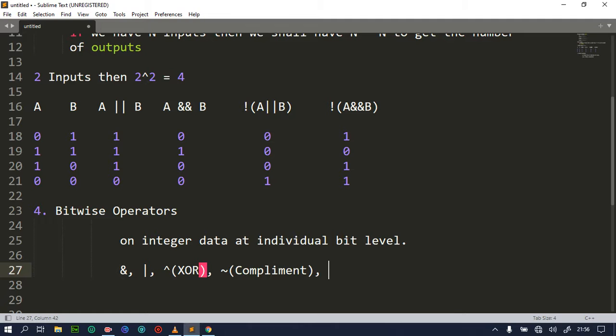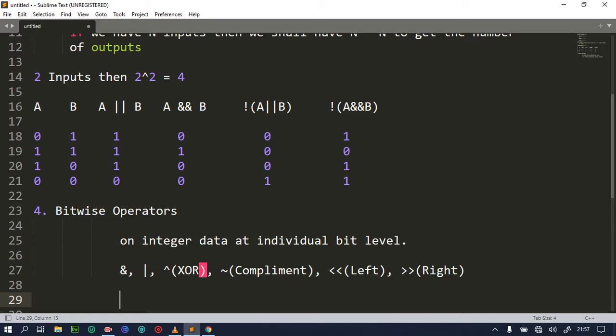Complement operator, for those of you who have done some bit of math before. Then we have bitwise shift operators, that is left, and then bitwise shift operators right.